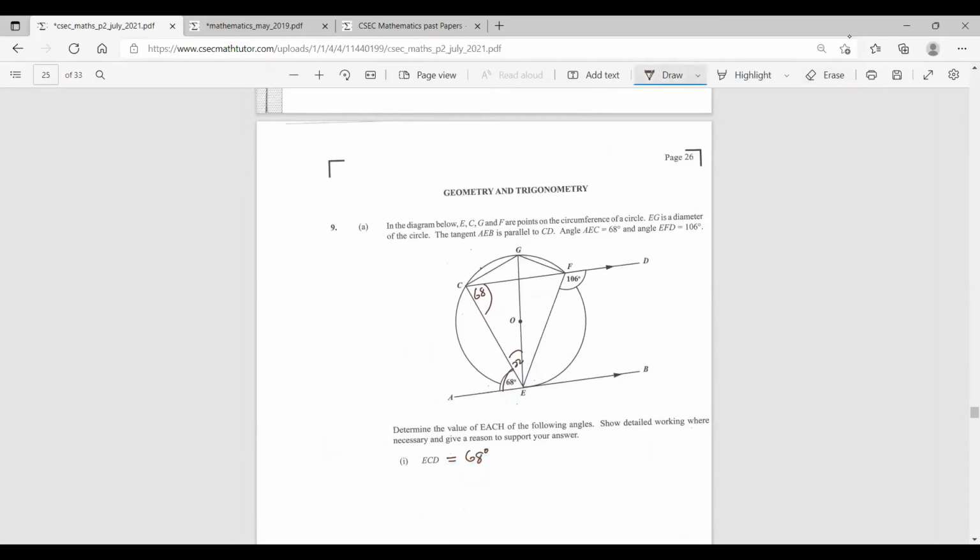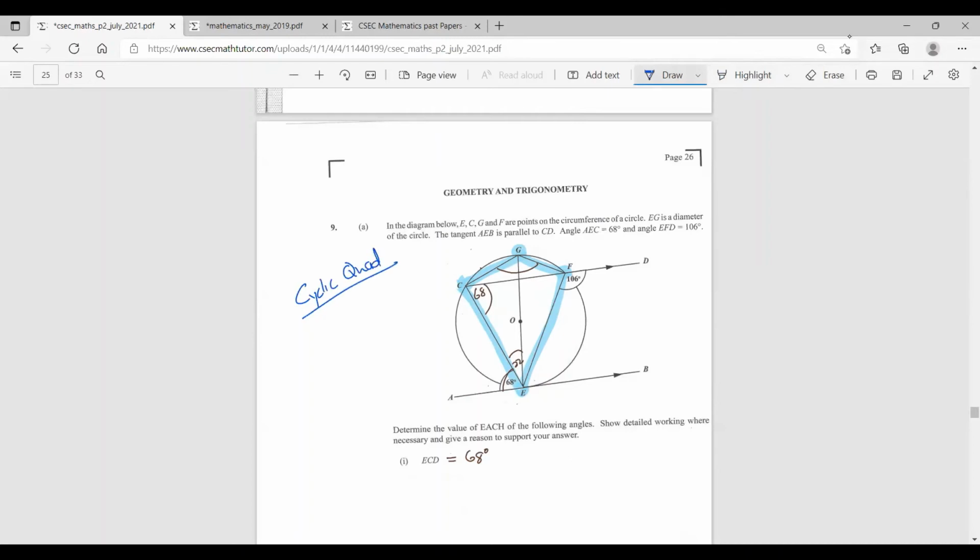All right, so now that we have the 22 and the 68, the other thing they ask us for is up here. Now we go on to another rule that talks about cyclic quadrilaterals: opposite angles in cyclic quadrilaterals are equal to each other. We know it's a cyclic quadrilateral because all 4 points touch the circumference of the circle. So anytime you have 4 lines making a shape and all 4 points touch the circumference of a circle, it's called a cyclic quadrilateral, right?